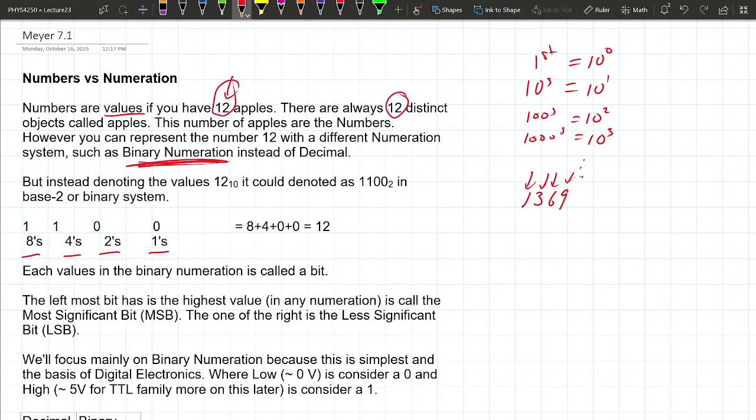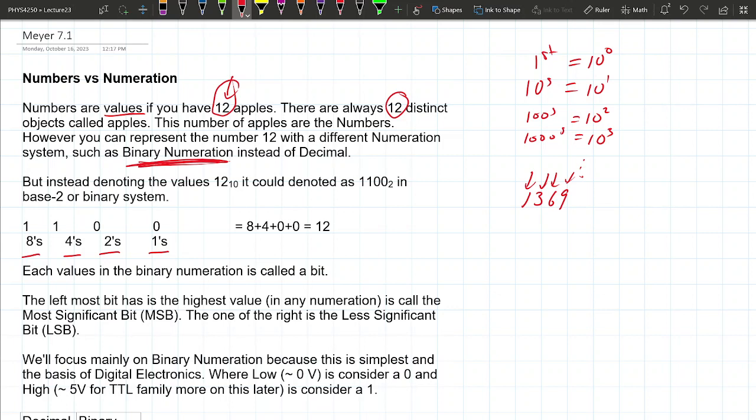This 1 represents a decimal value of 8, a decimal numeration with a value of 8. This place here represents a decimal number with a value of 4. So the total number of this, oops, let's go to the ones and zeros.